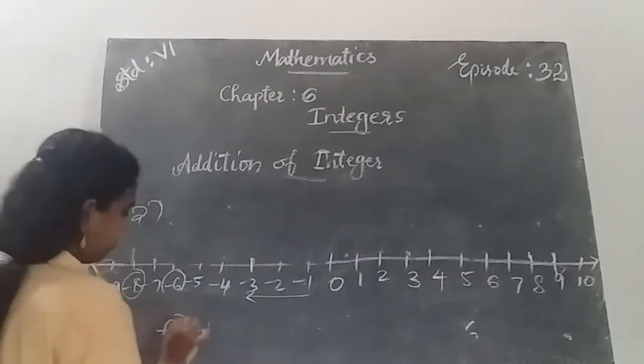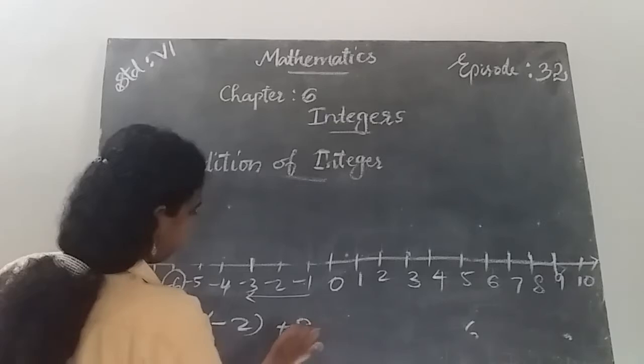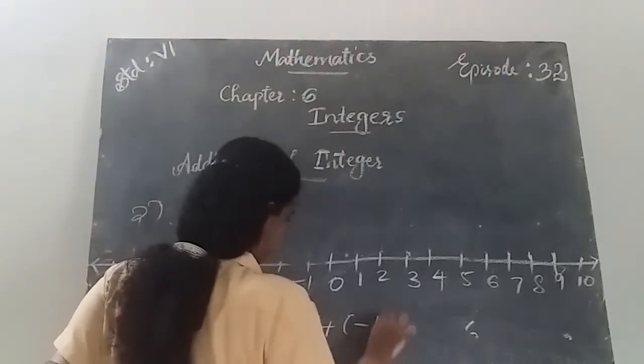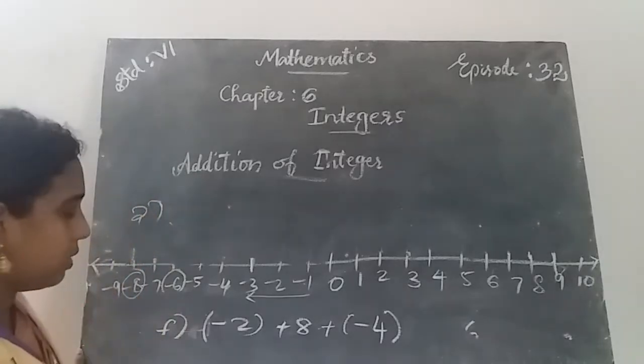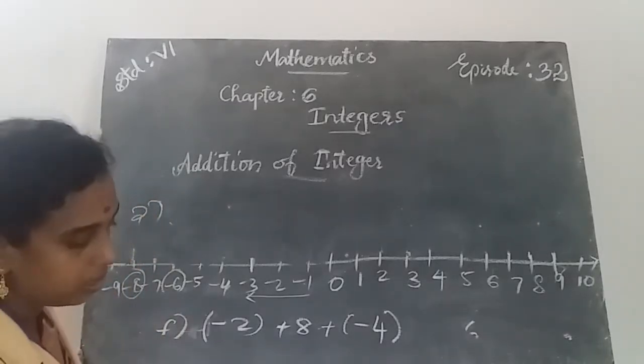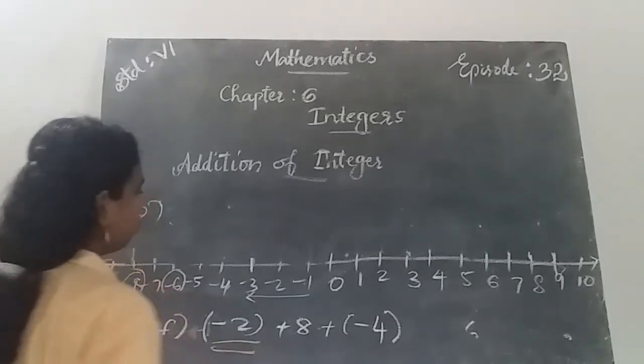Next question. Negative 2 plus negative 2 plus 8 plus negative 4. So we start from negative 2.